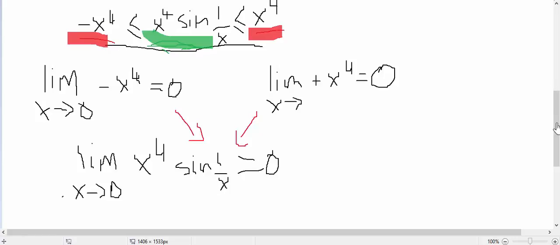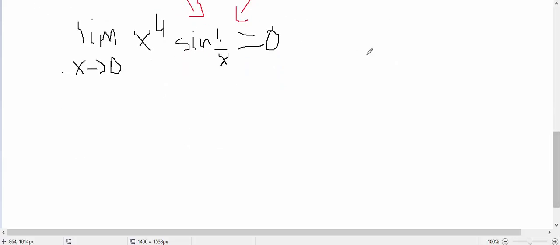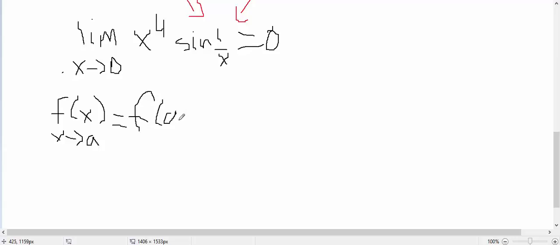So using theorem 1, from the beginning of this section, that says if the limit of f of x as x approaches a equals f of a, then f is continuous.